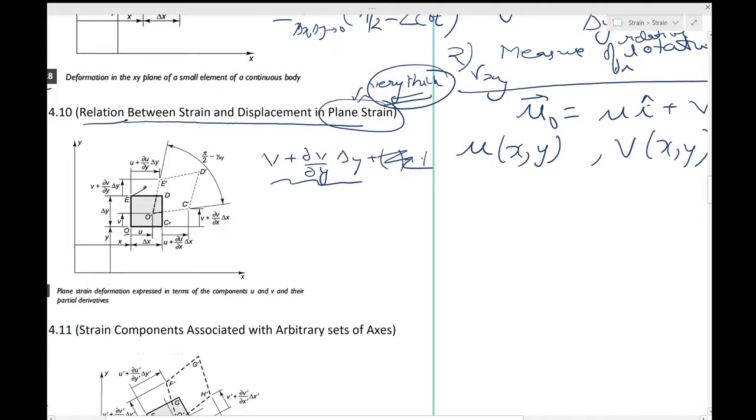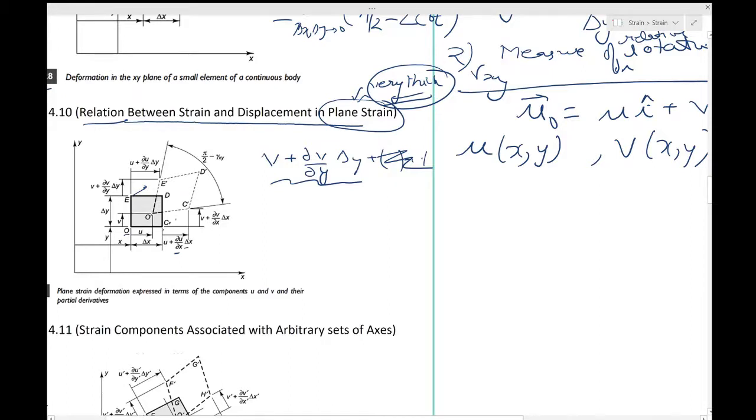Very similarly, we will write the components of displacement of C in terms of the components of displacement of O. So if O has moved by u, C has moved by u plus dou u by dou x into delta x, because now you are moving in the x direction, and similarly v plus dou v by dou x into delta x.